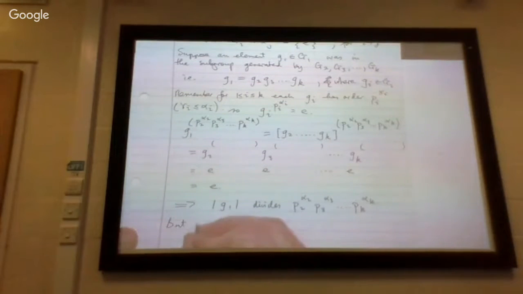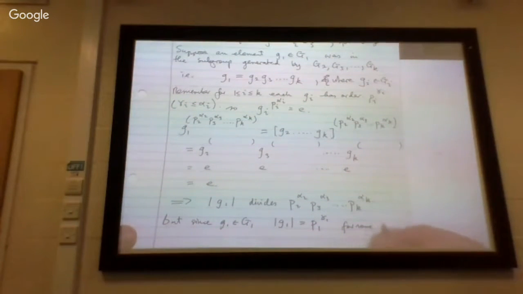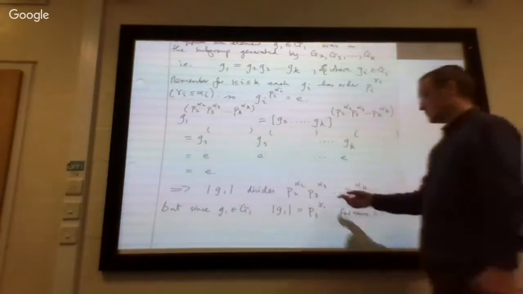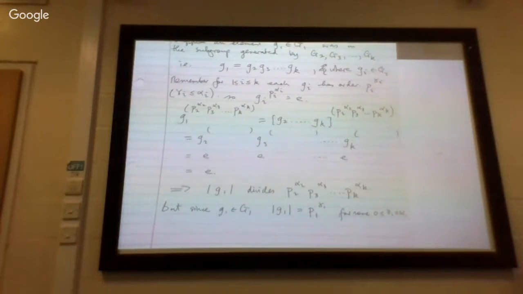Since G1 is in capital G1, the order of G1 is P1 to gamma 1 for some 0 less than or equal to gamma 1 less than or equal to alpha 1, alpha 1 being the largest power of P1 as an order that you can have inside the group G.